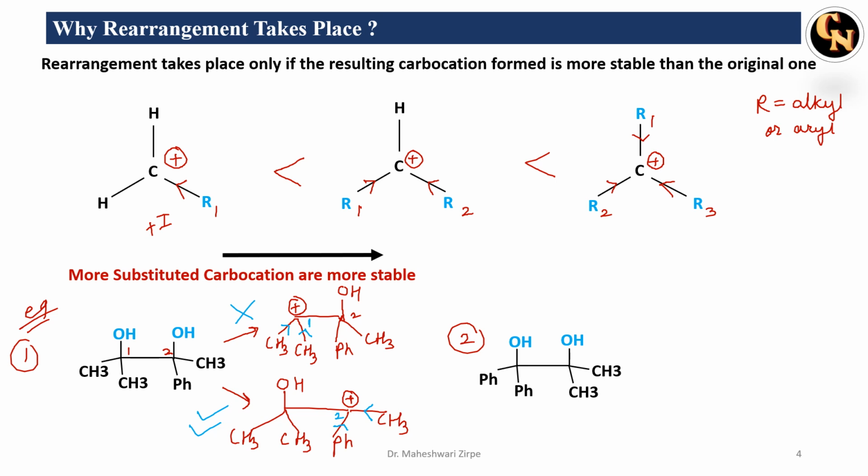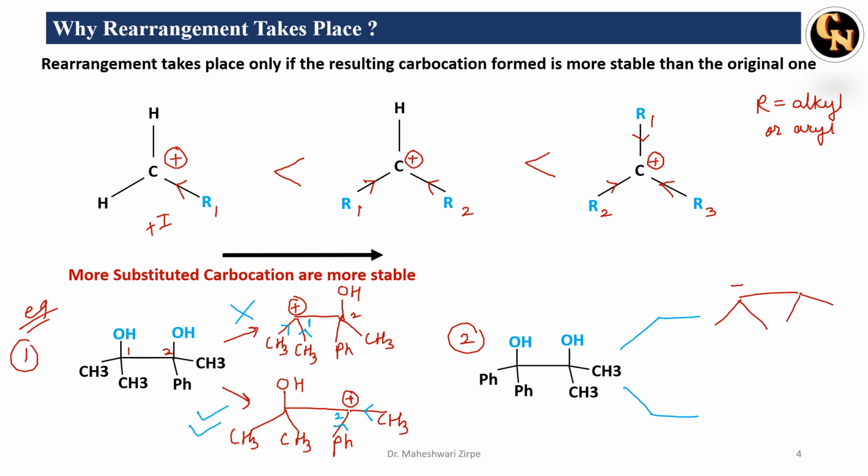Similarly, let us see the second example. It is an unsymmetric diol where it can undergo two ways, first path and second path. First path, what will happen? Let me show you. There is formation of a carbocation on the first carbon.